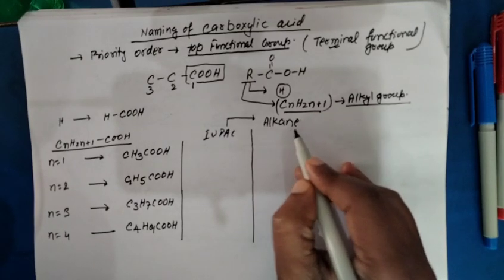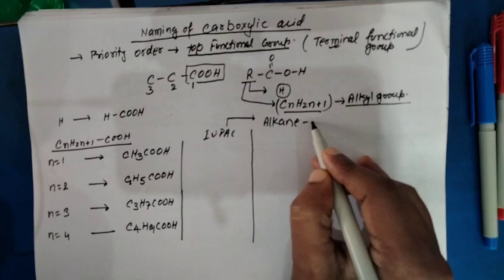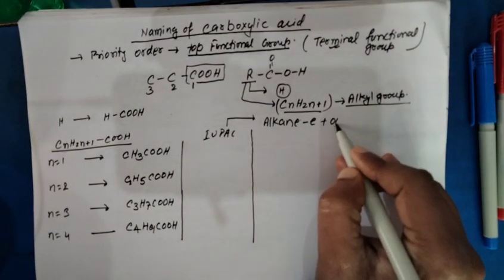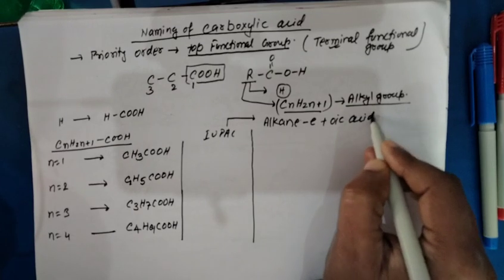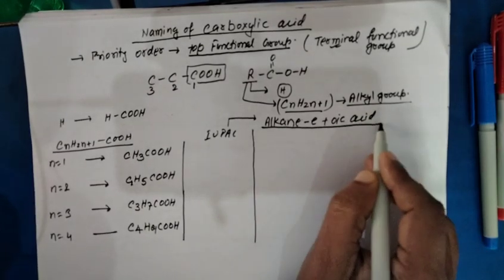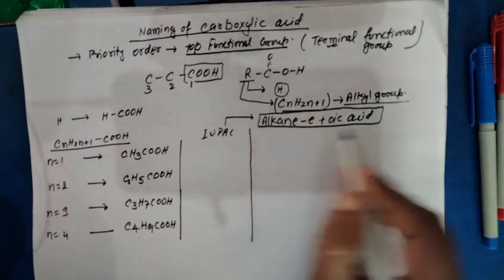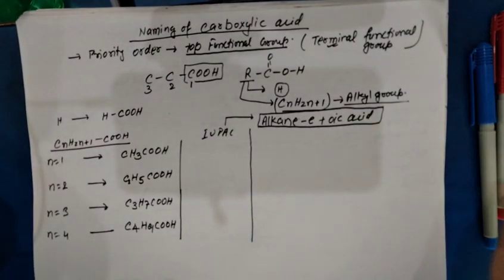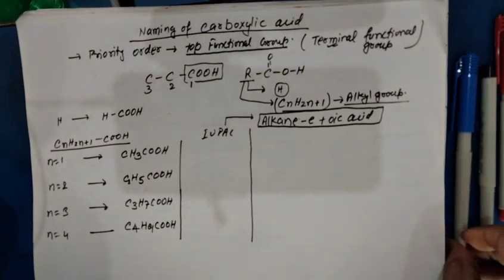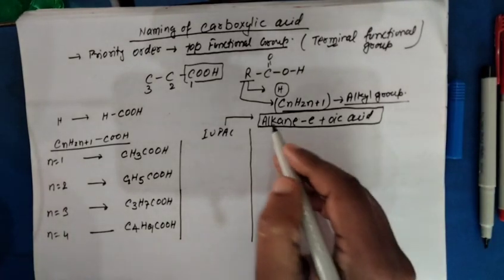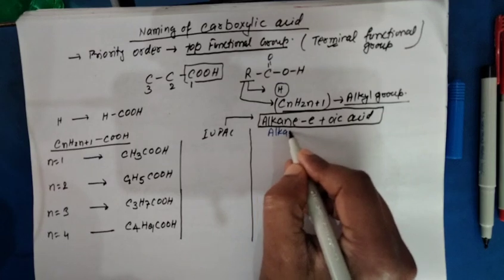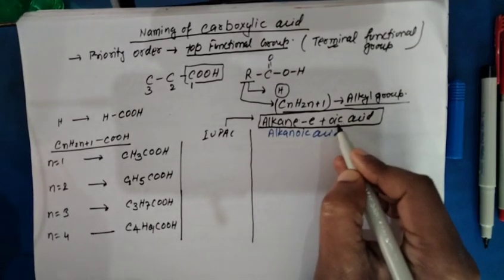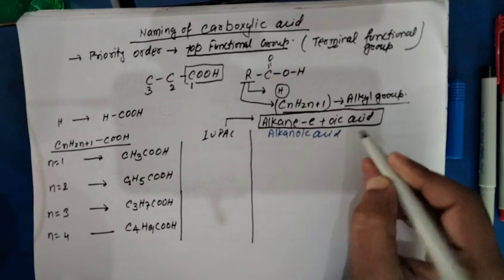Actually, if I write alkane, then we have to remove this E and add oic acid. Alkane minus E plus oic acid. So we can simply write it as alkanoic acid. This one is the suffix, alkanoic acid.